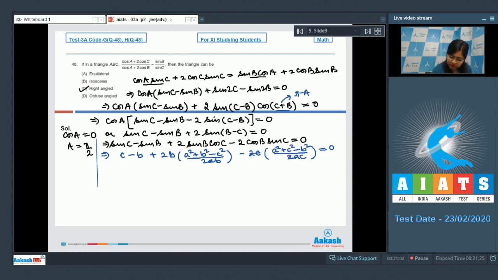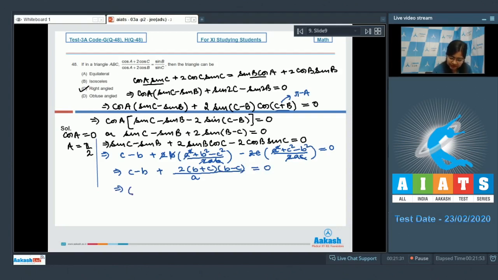So 2c will get cancelled, here 2b is cancelled. So this is c minus b plus, a can be taken common in the denominator, so we are left with a square minus a square cancelled. So it is (b square minus c square) 2 times, that is (b plus c) into (b minus c) equal to 0.